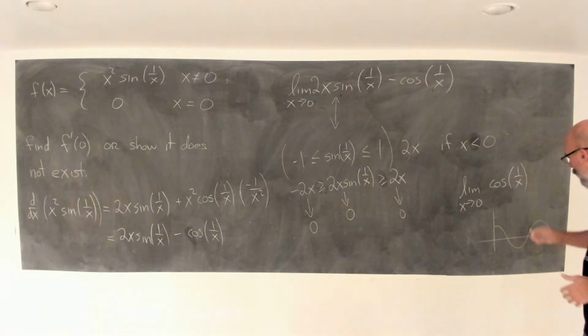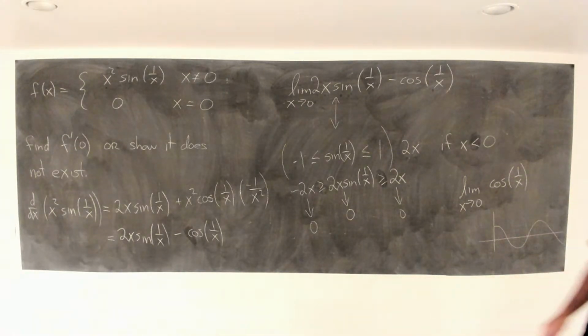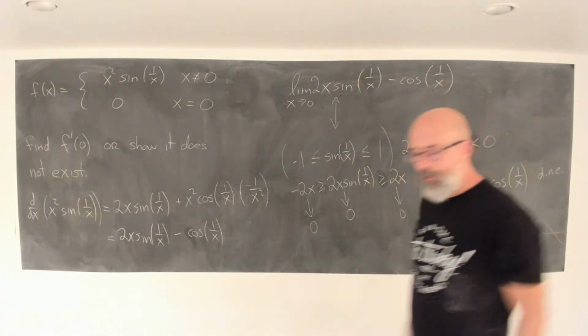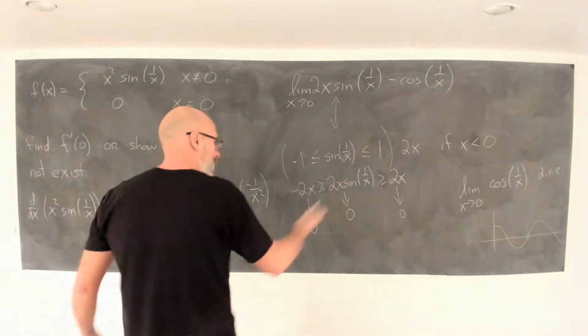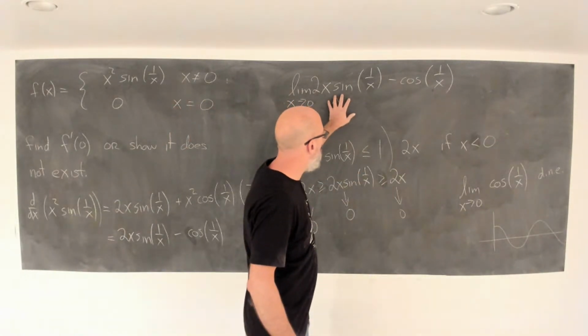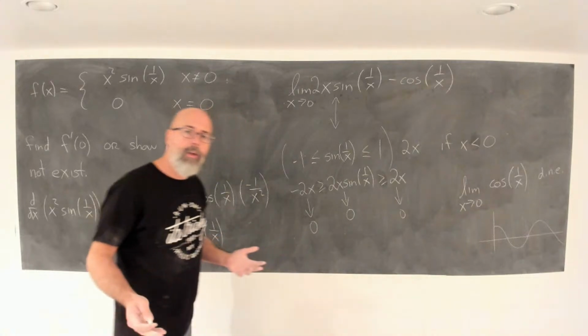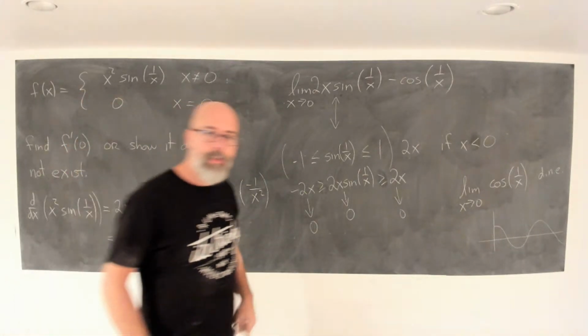And you know that the limit doesn't exist. This isn't going towards one unique value. So that limit does not exist. This limit goes to 0, that one does not exist, so the whole thing does not exist.